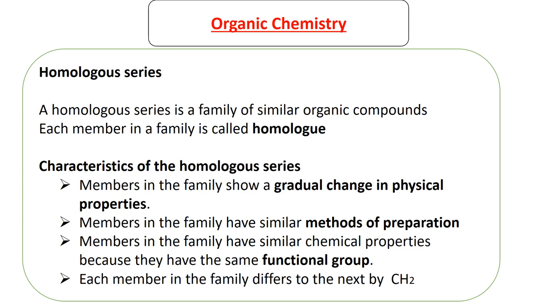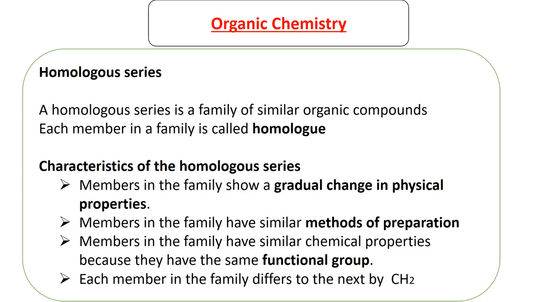So even these members of the homologous series are arranged in a certain way, and the consecutive members differ by CH2. What it means is they differ by 1 carbon and 2 hydrogen atoms.